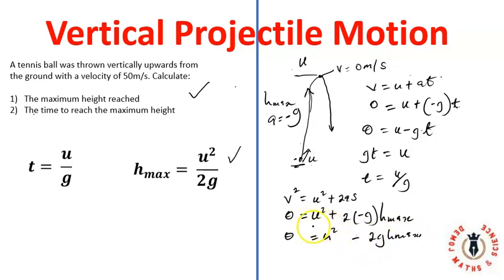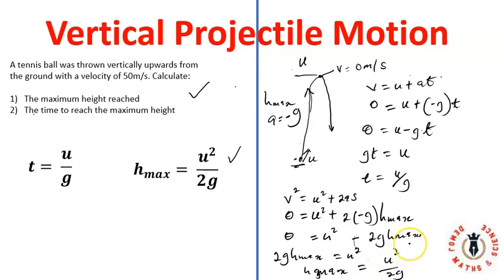Let's move the negative term to the other side. Minus 2g h max comes to this side and becomes 2g h max is equal to u squared. Obviously, my h max, if I divide both sides by 2g, will be equal to u squared over 2g.